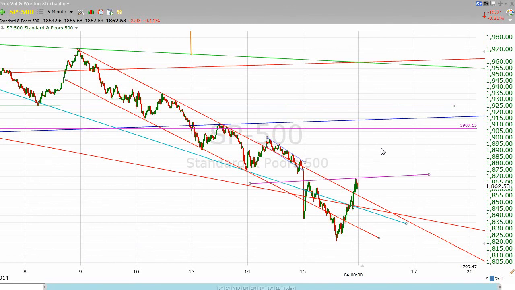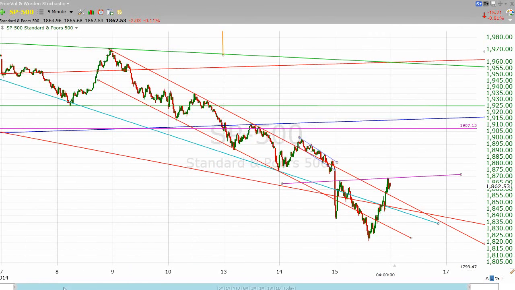If we get that rally back up into the 1900s, I would watch it closely for signs of weakness when we get into these areas right here, and hopefully, if indeed that is where we're headed next, we'll see enough in the chart to give us some indication of when things might break down.